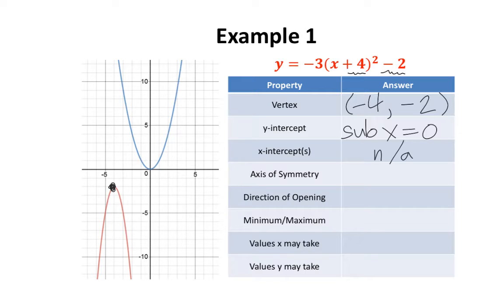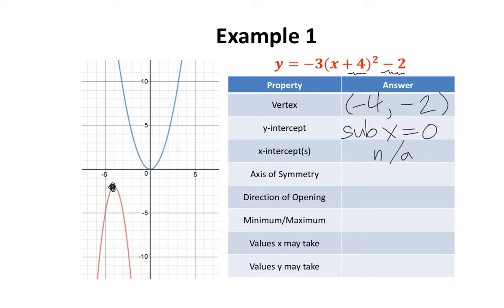However, if you did not have the graph, you can take a look at where the vertex is located, and you will conclude that since the parabola is opening downwards, there really wouldn't be any x-intercepts since the vertex is located in that quadrant. Next, we're going to take a look at the axis of symmetry.